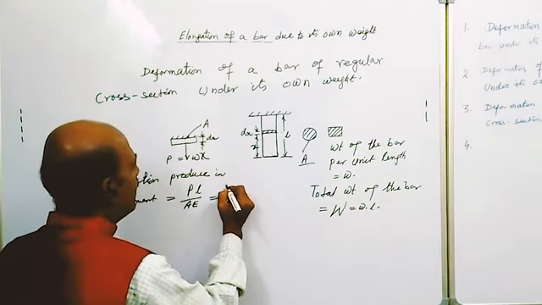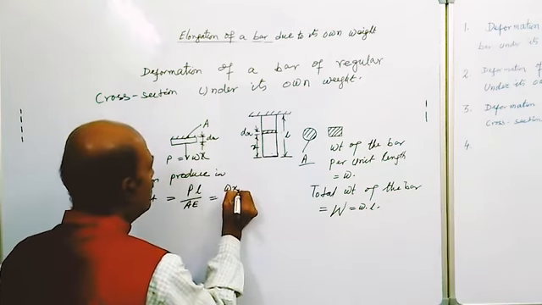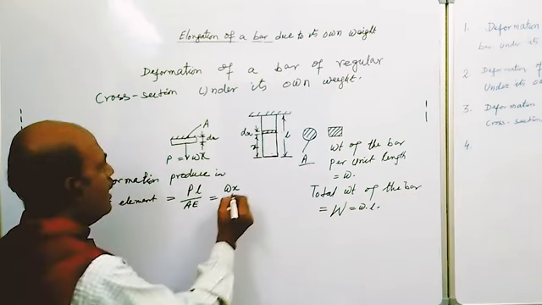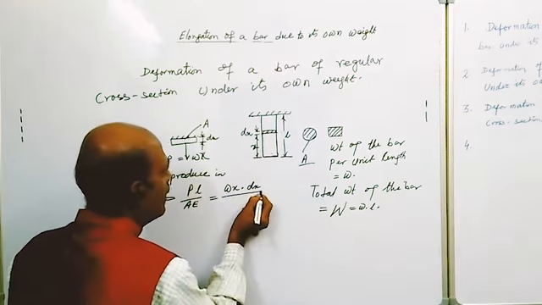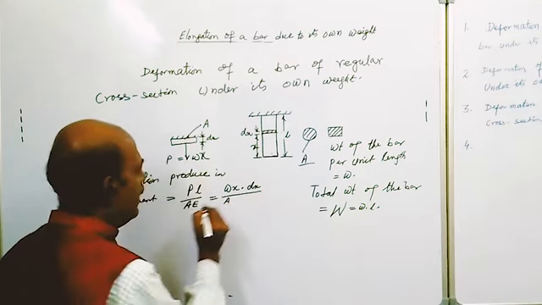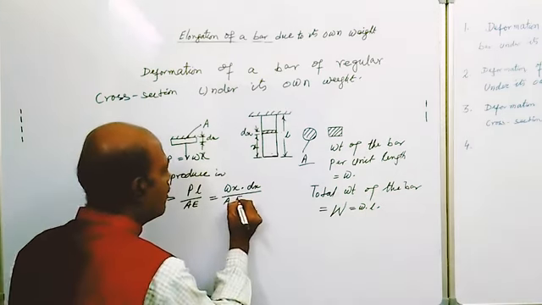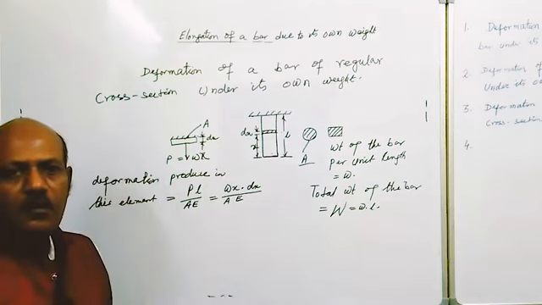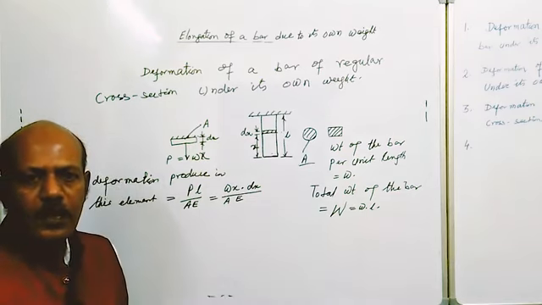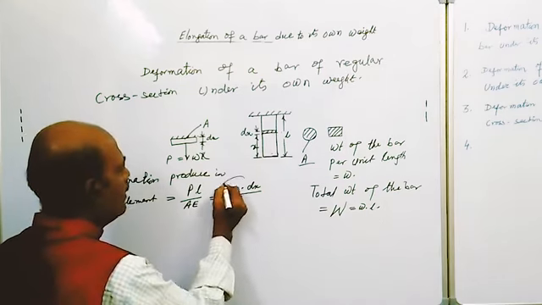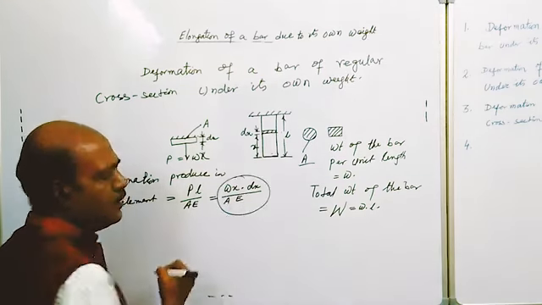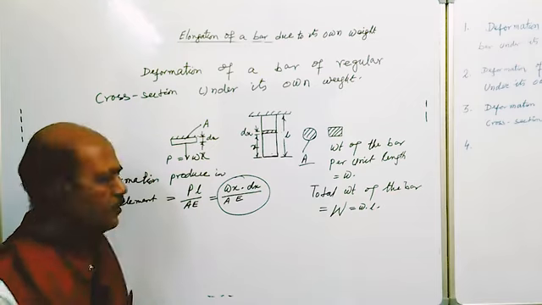Here P is equal to small w into x, L is given by dx, and the cross sectional area is A, and E is the Young's modulus of the material of the bar. Then the elemental deformation is given by w x dx by A into E.